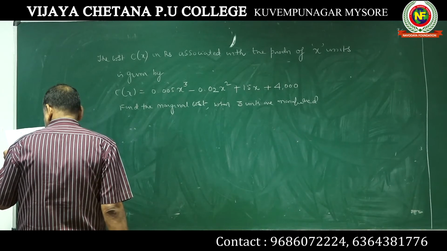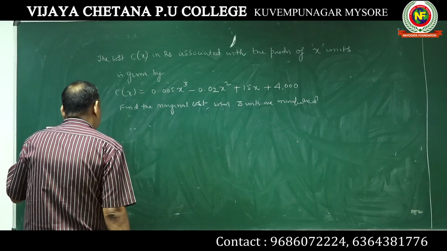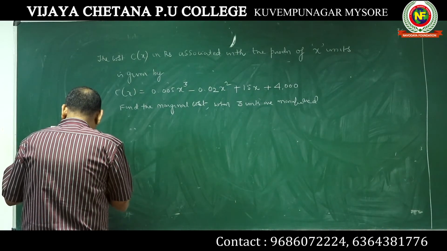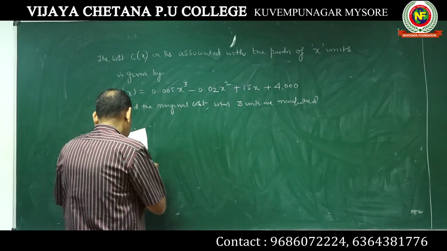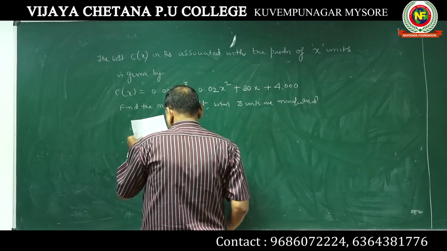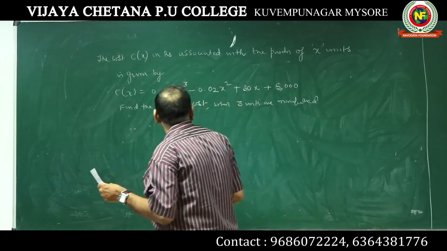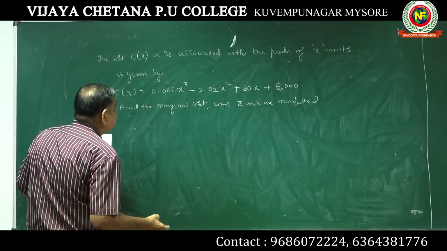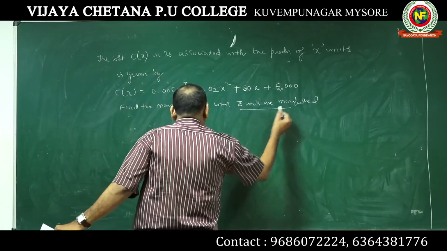So it is given by 0.005 x cube minus 0.02 x square, then plus 30x. So you can change this to plus 30x, plus 5000. Please change it: 0.005 x cube minus 0.02 x square plus 30x plus 5000, and find the marginal cost when 3 units are manufactured.